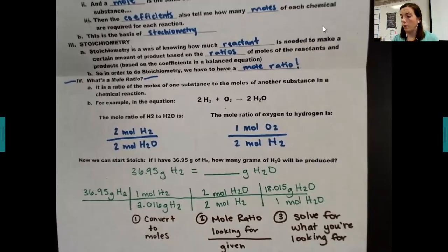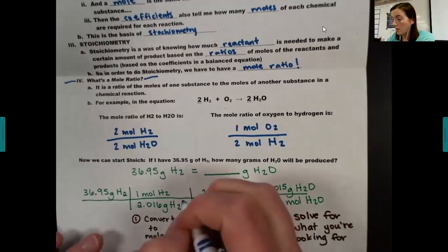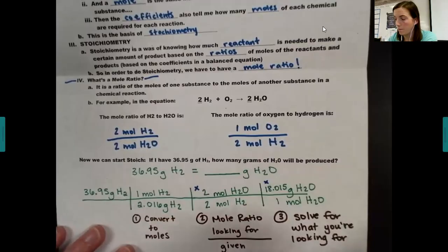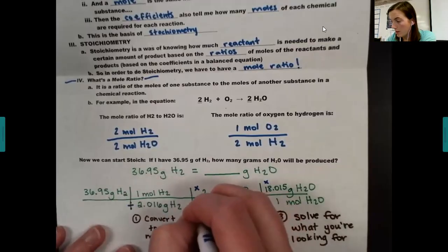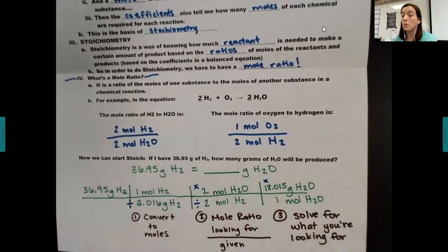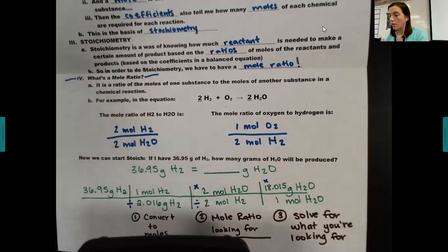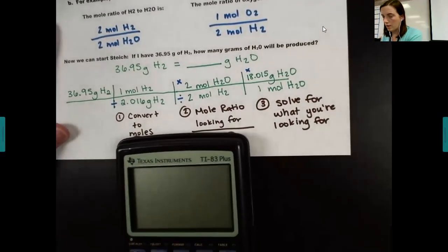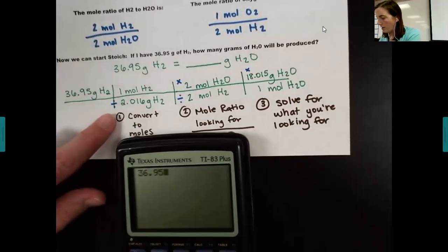We're going to treat this the same way we did with moles. If the number was on top, do you remember what we did? We multiplied. And if the number was on bottom? We divided. So we're going to do the same thing here. Let me scoot this up so you can see my calculator screen. We have 36.95, and we divide it by 2.016.